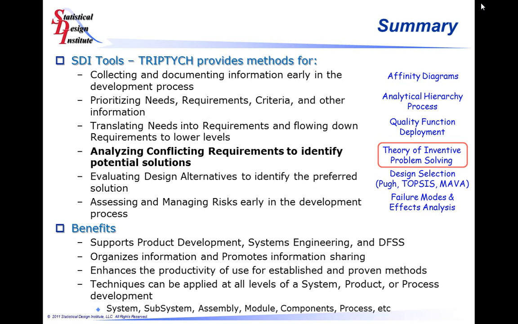You could look at it for ways to develop a process to address another condition. So they can be technical or non-technical problems that you can investigate using the theory of problem solving in the TRIZ tool that's in the Triptych tool set.